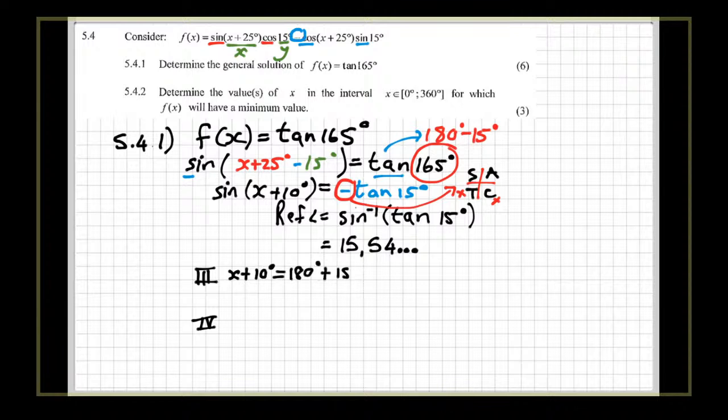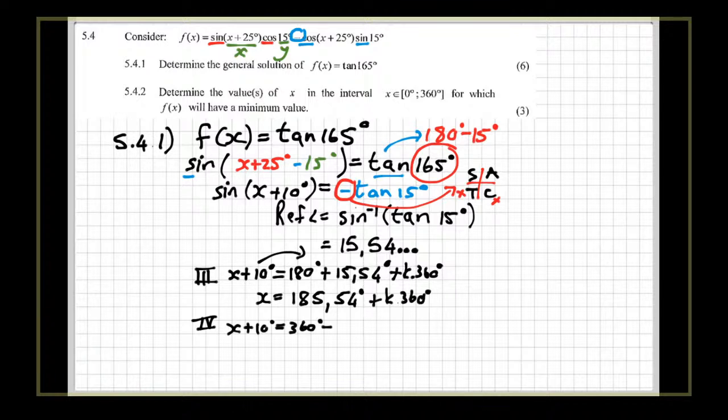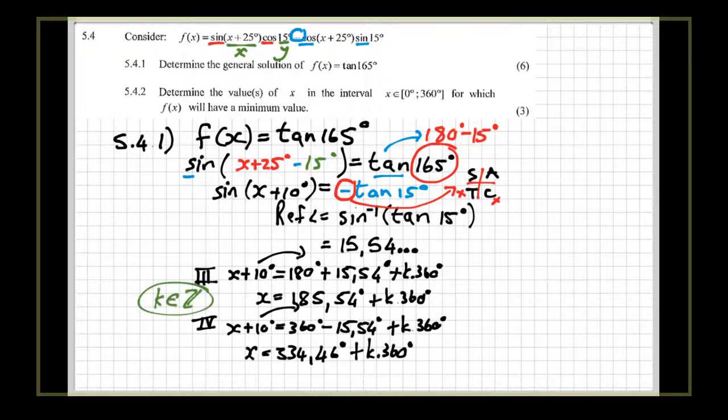Calculating my missing angle that I have now. And there's my first set of solutions. My second set of solutions in the fourth quadrant. Okay, and then finishing it off by saying K is an element of Z. There we go. Now we are on the same page.